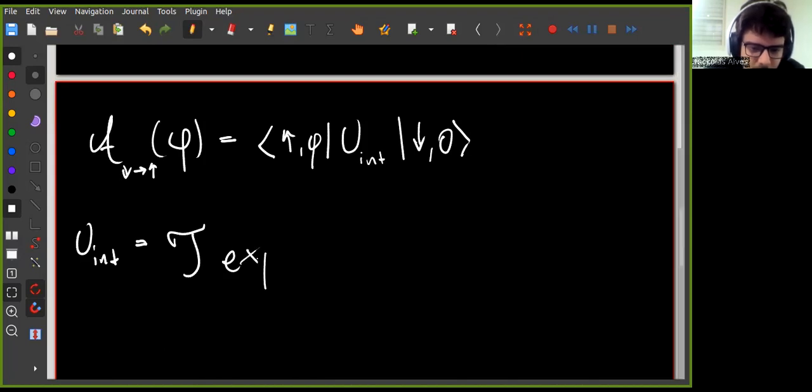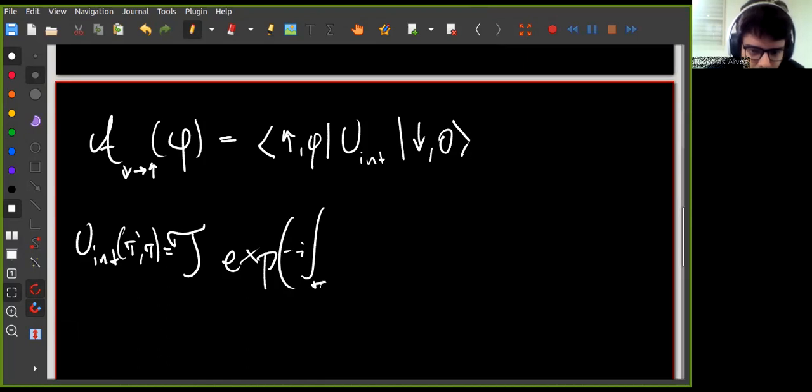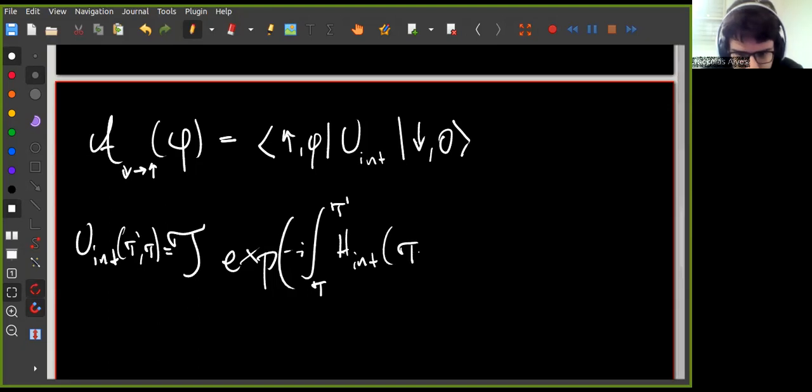So we're going to have here the evolution operator from tau to tau prime, which goes to minus i integral of H int of tau 1 d tau.